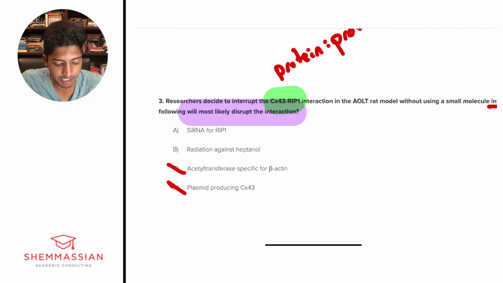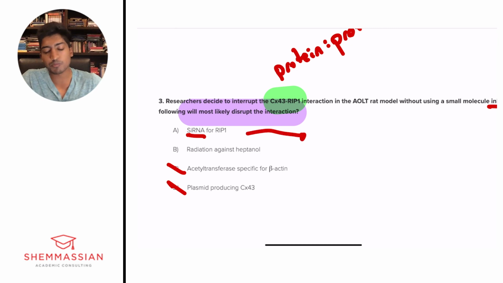So now we're down to the siRNA or silencing RNA for RIP1 or the radiation against heptanol. They both will affect RIP1 and probably the interaction. But the reason we're going to pick A over B is because siRNA for RIP1 is very, very specific, right? If we're trying to silence some sort of interaction or inhibit some sort of interaction, the best way to do it is to block the interaction directly between the two. And so here, how does the silencing RNA work?